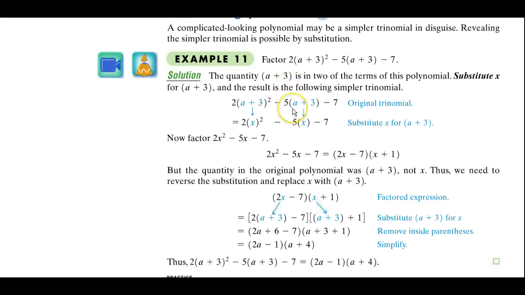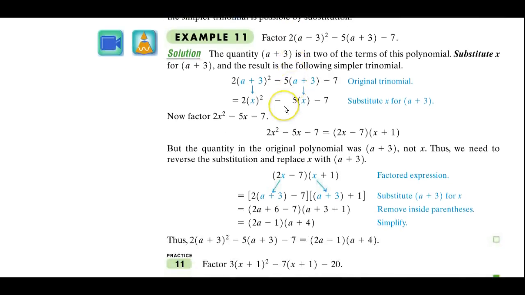So here we see a rather complex trinomial. So what we can do here is where we have this, let's substitute this as an x. And the same factor here as an x.